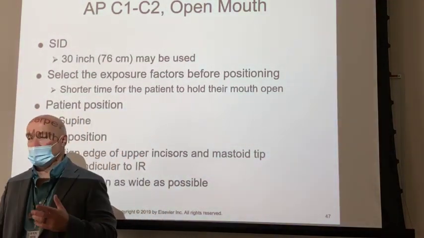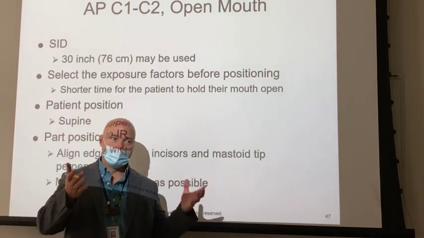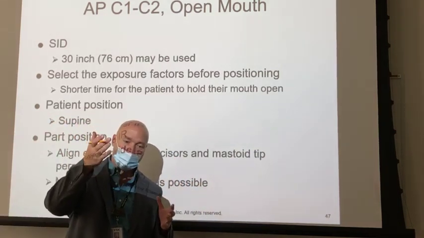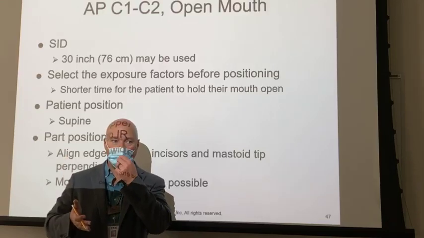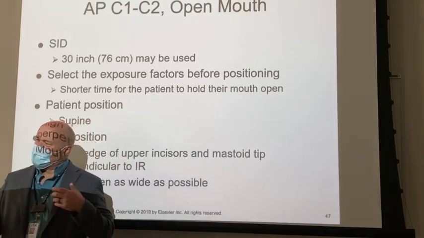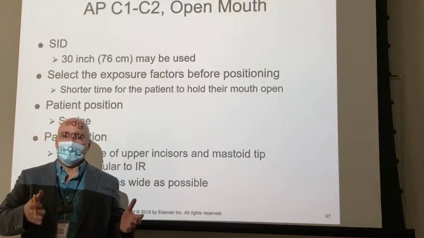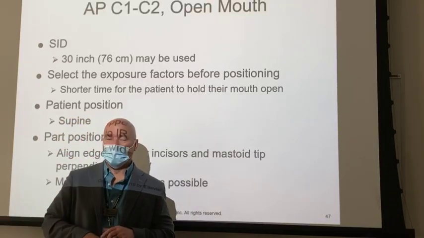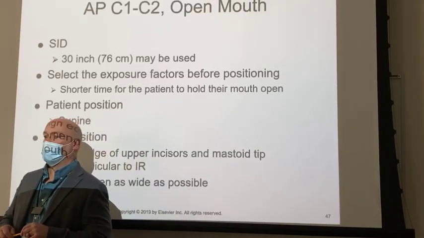Also, if the patient's in a collar, in a lot of cases, the occlusal plane is not going to be perpendicular to the table. So if you can't get your anatomy in the position that you want, what can you do?